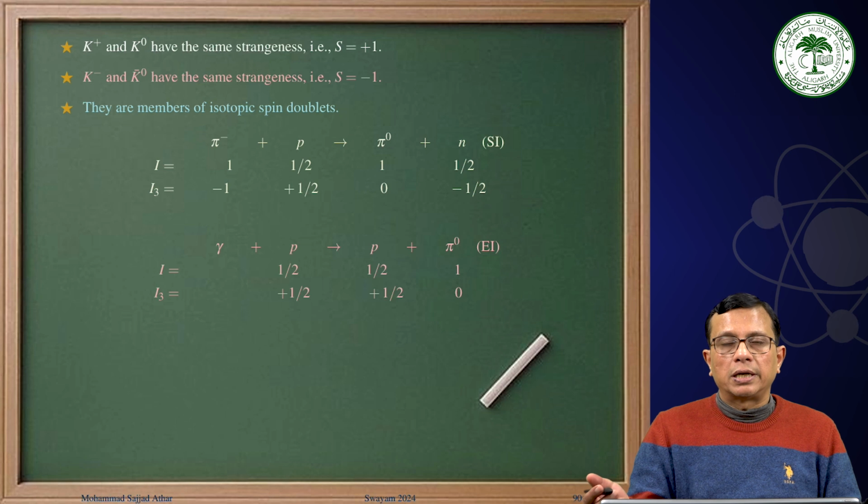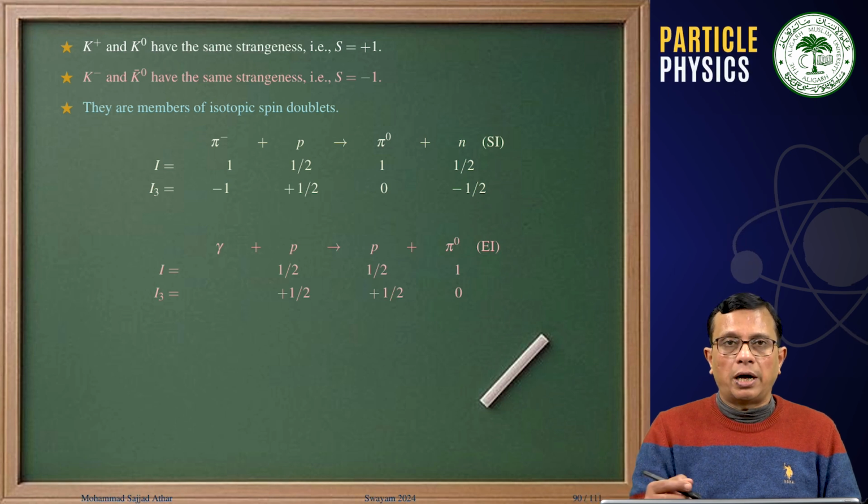Photon is not a hadron. Therefore, I am not assigning any isotopic spin to it. Proton has the isotopic spin half, and then on the right hand side we have another proton which has isotopic spin half, and a pi 0 which has isotopic spin 1.